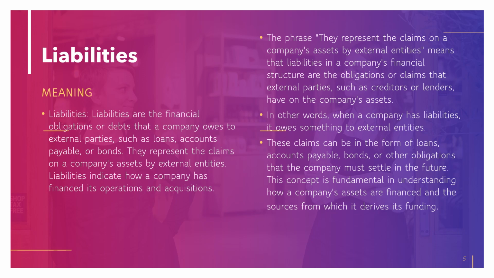It may be a loan borrowed by the company from external parties, or it may be accounts payable, or they may borrow in the form of bonds, etc. It also represents the claim on the company's assets by external entities. Liabilities indicate how a company has financed its operations and acquisitions.